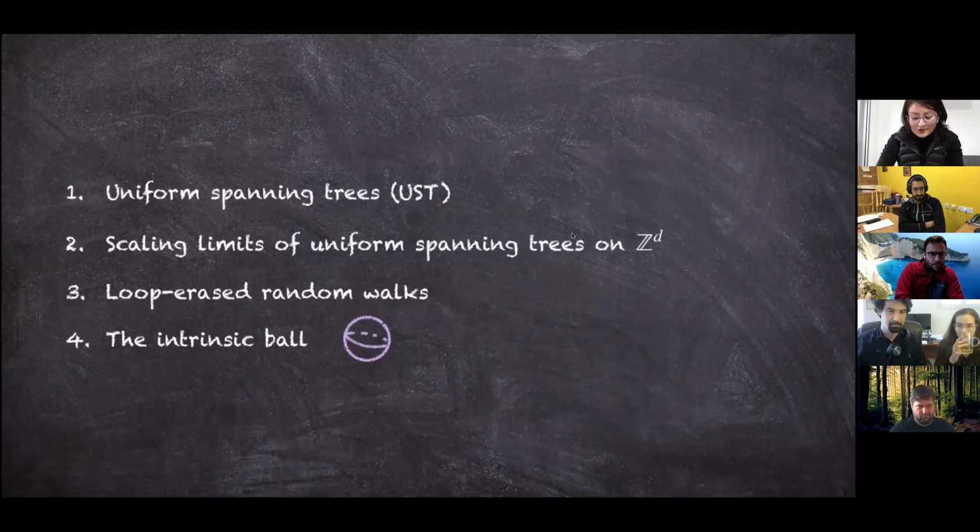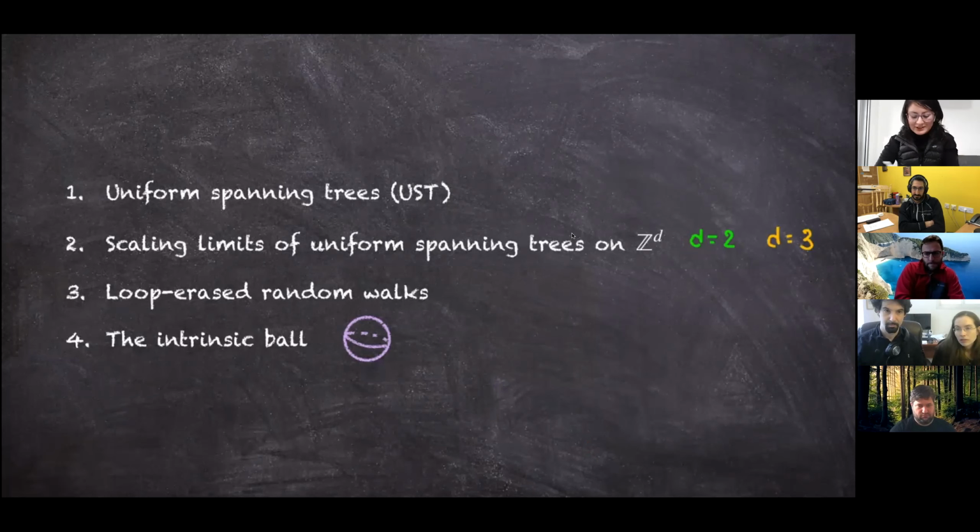And the plan for today is first to introduce a model that most of you are already familiar with, uniform spanning trees. And I will go as quickly as possible to the main result, that is the scaling limits on the 3-dimensional space. I will also talk about the case when the dimension is 2 to compare to the dimension 3.